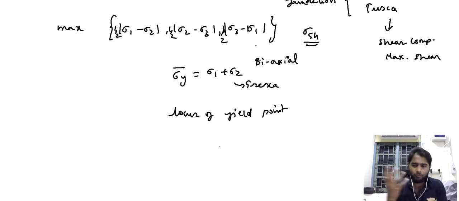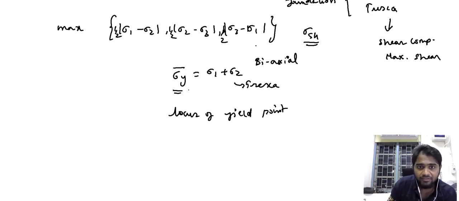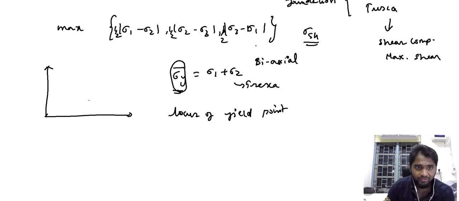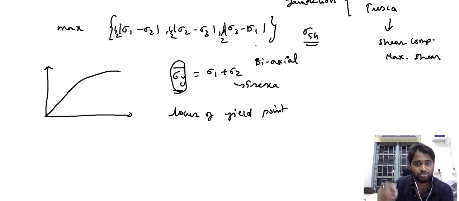Now, the foundation for all these different criteria stems from the reason we need to have the Von Mises and Tresca criteria, and the reason we are able to relate it to this point is that we are considering a specific category of materials, and the mechanical behavior that they exhibit can be represented in this manner.